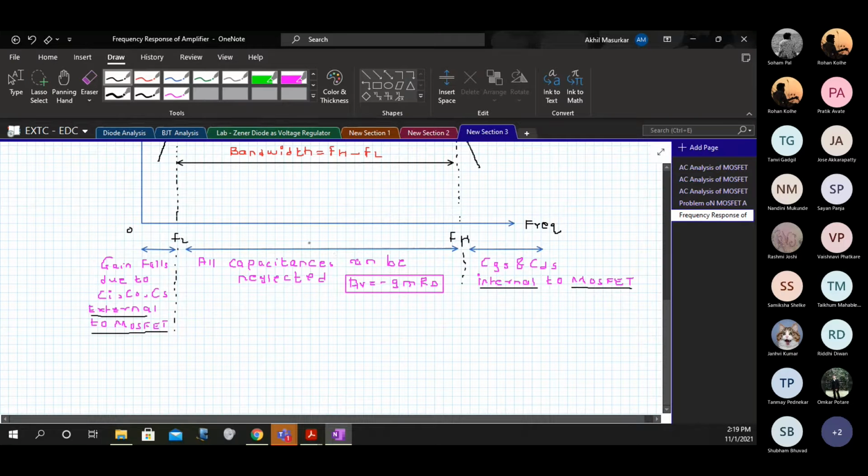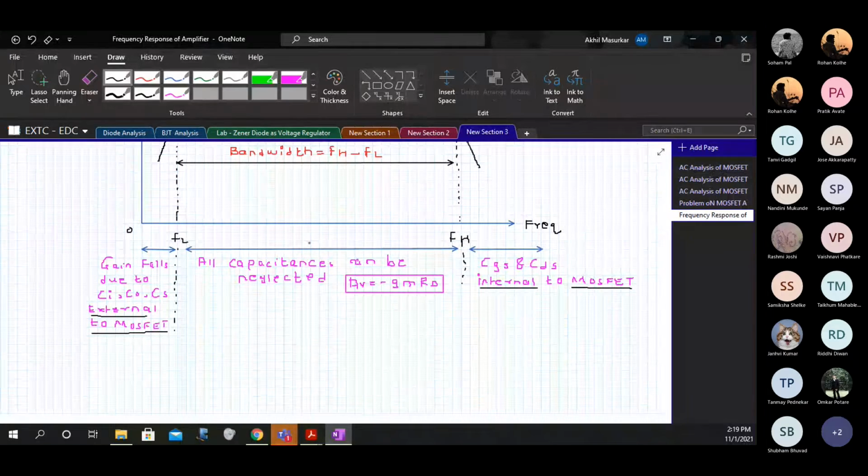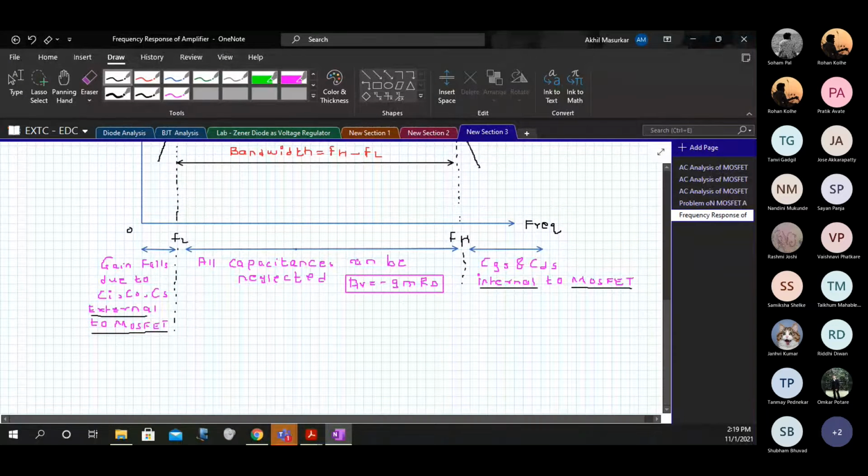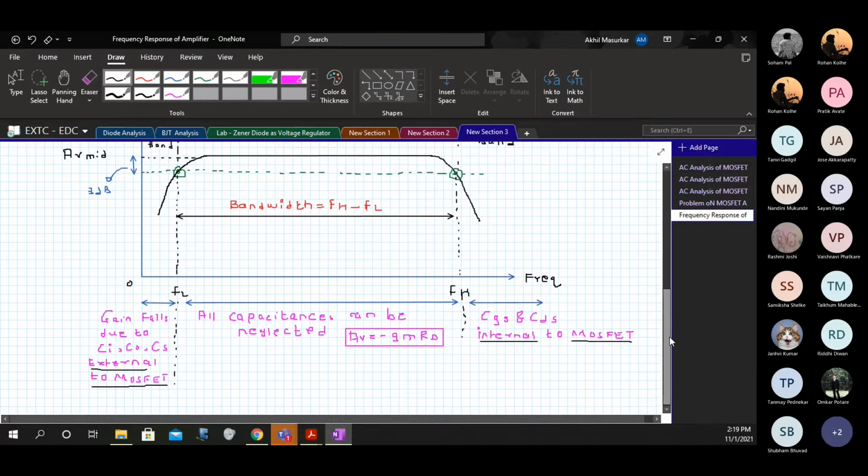Something that is external, we can change very easily, but we cannot cut the MOSFET and remove this CGS and CGD, because they are basically the overlap capacitances in the MOSFET. So you have to bear with it.